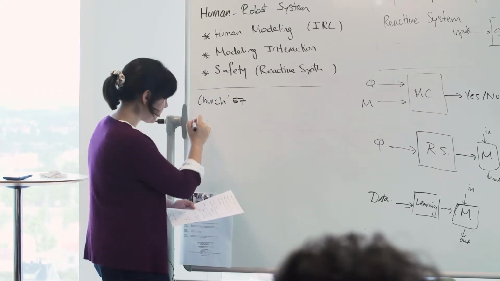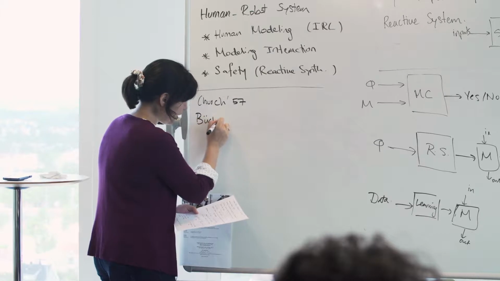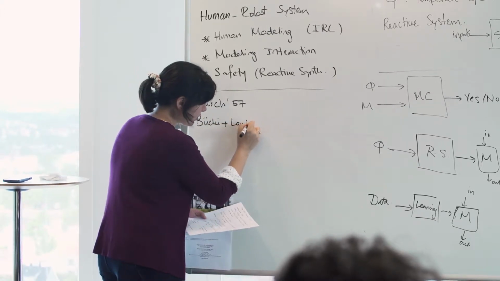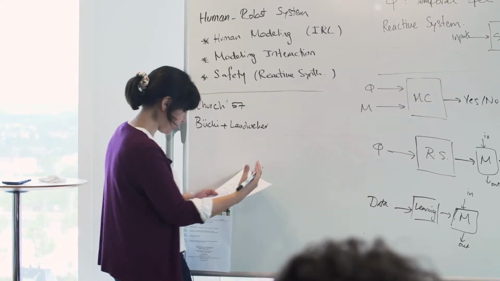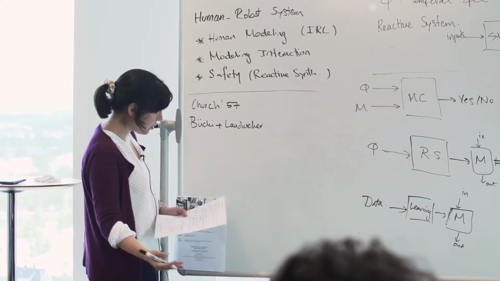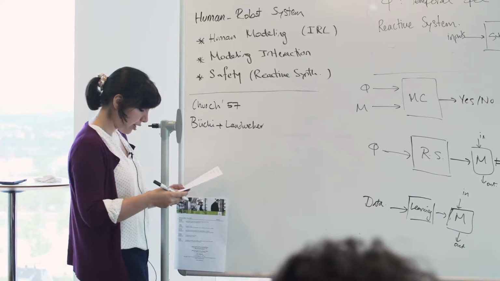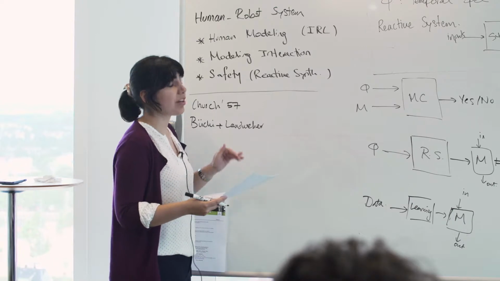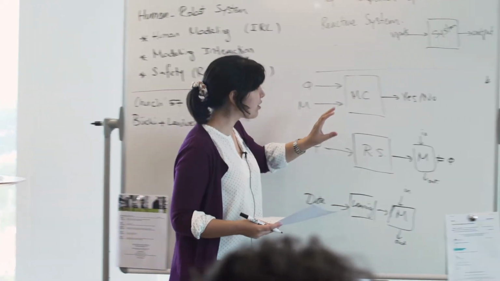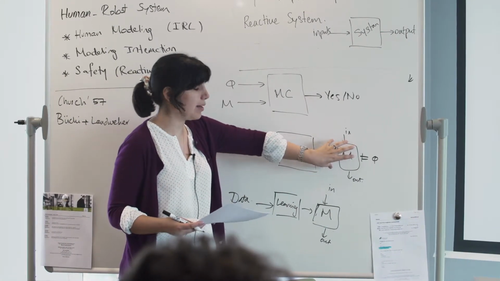Then at some point, Büchi and Landweber started thinking about the problem and provided a game view of trying to come up with solutions. They talked about reachability being decidable, and that if a winning strategy exists, then a finite state winning strategy exists. Again, you're trying to figure out if there's a finite state system that I can build.